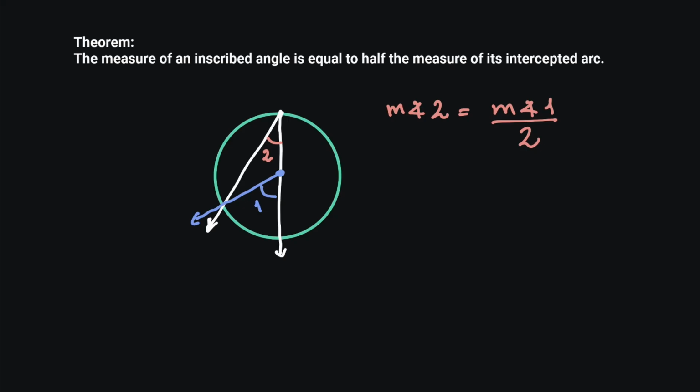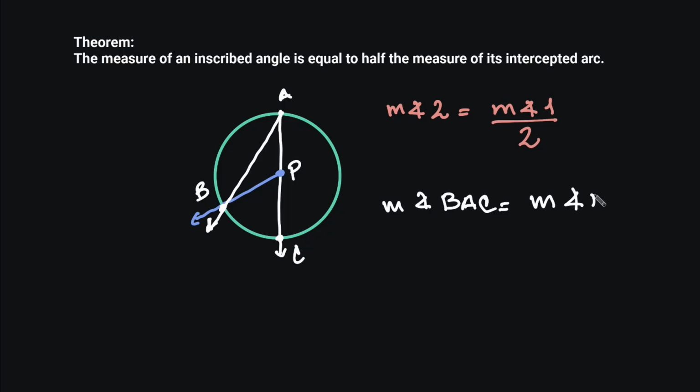If we put names to it, maybe we do it like this. Maybe this is A, this is B, this is C, this is P, and that's it. Then the measurement of angle BAC is going to be equal to the measurement of BPC divided by 2.